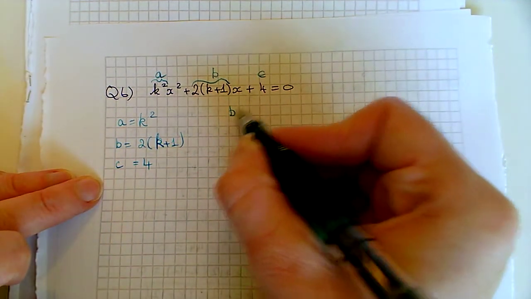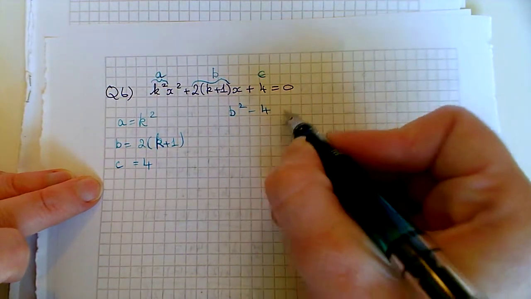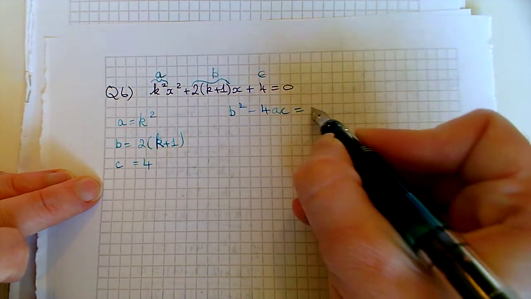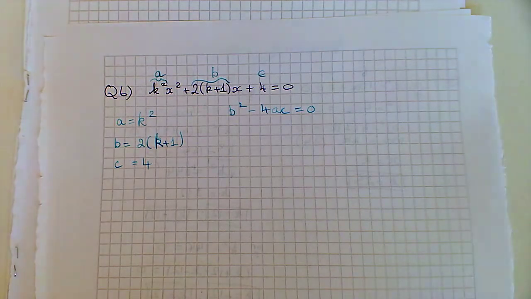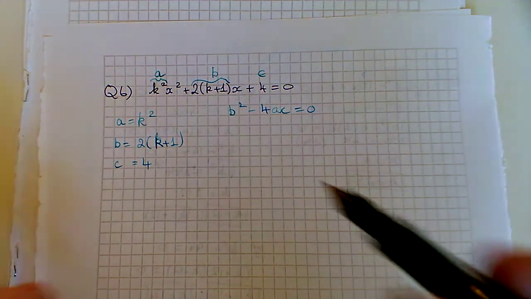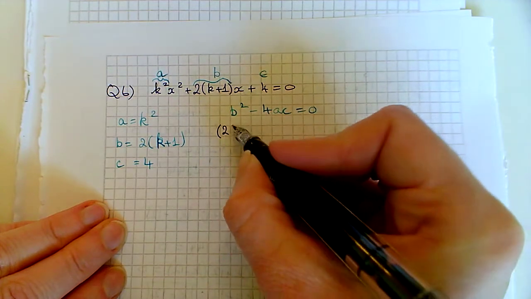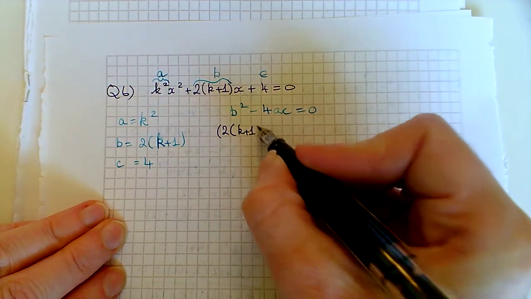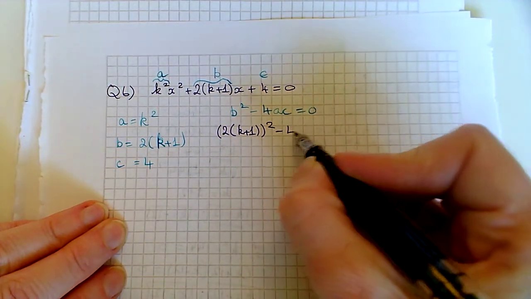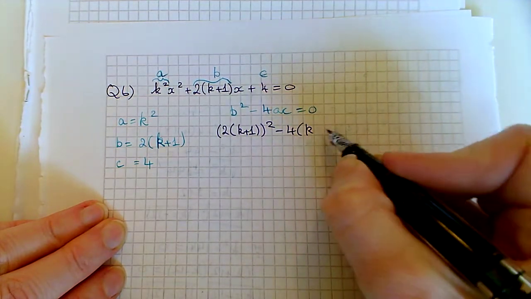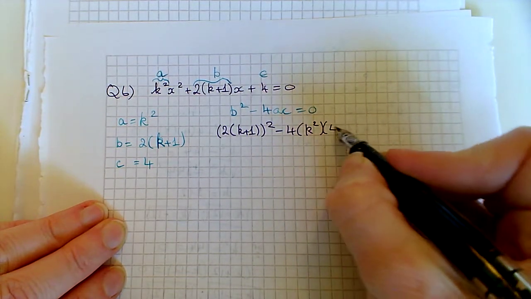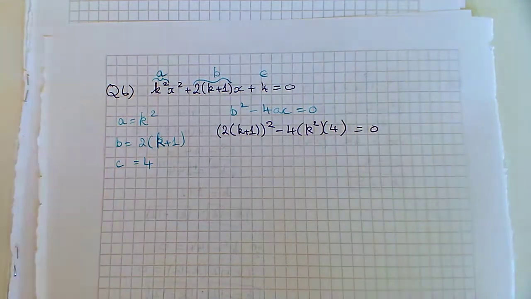So I'm filling into my discriminant, b squared minus 4ac equal to 0, because they told us we had equal roots. So for b squared, I have 2 bracket k plus 1 all squared minus 4 by a by c, and that's going to be equal to 0.